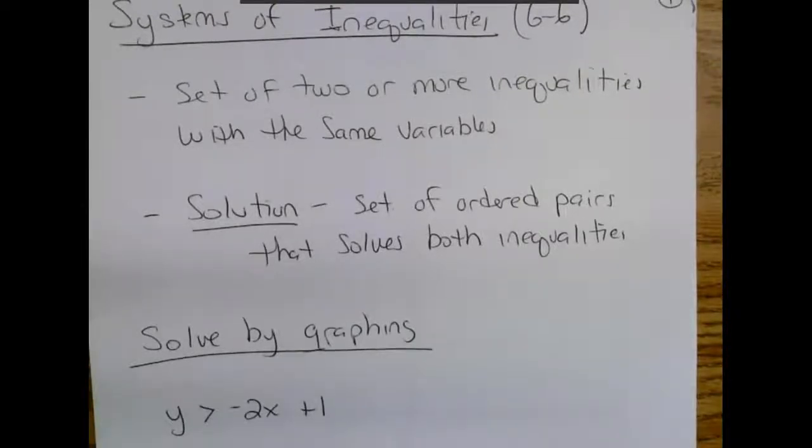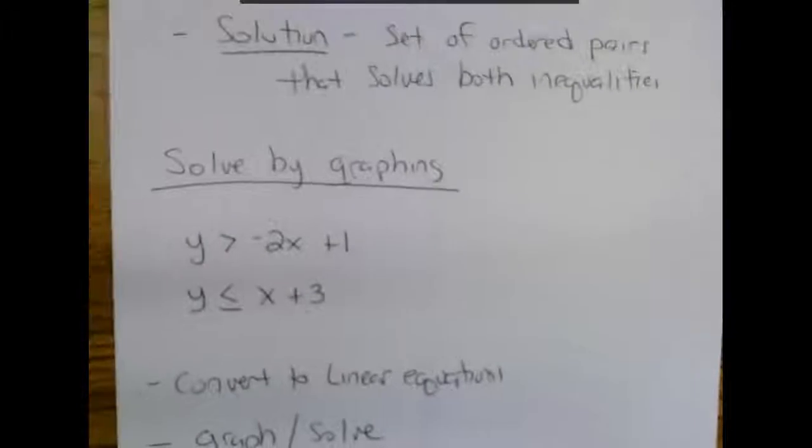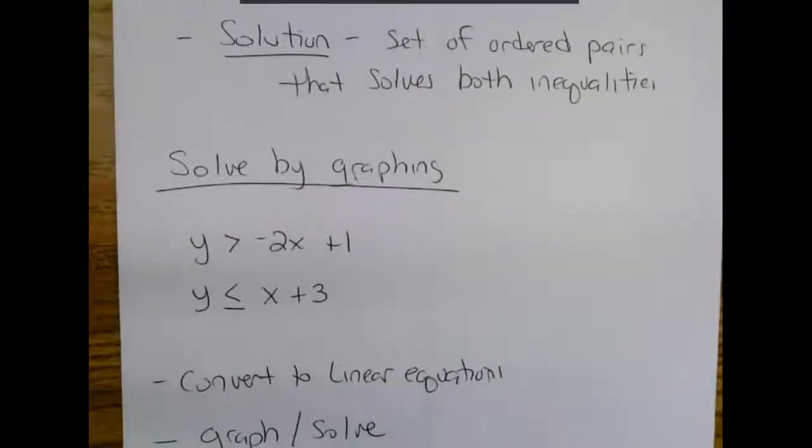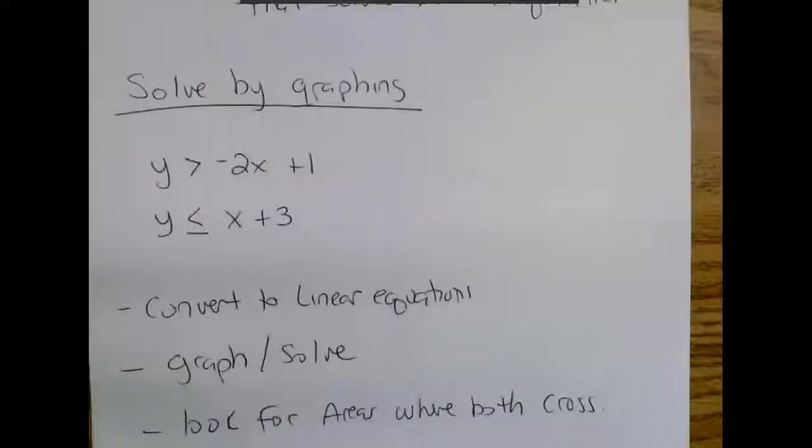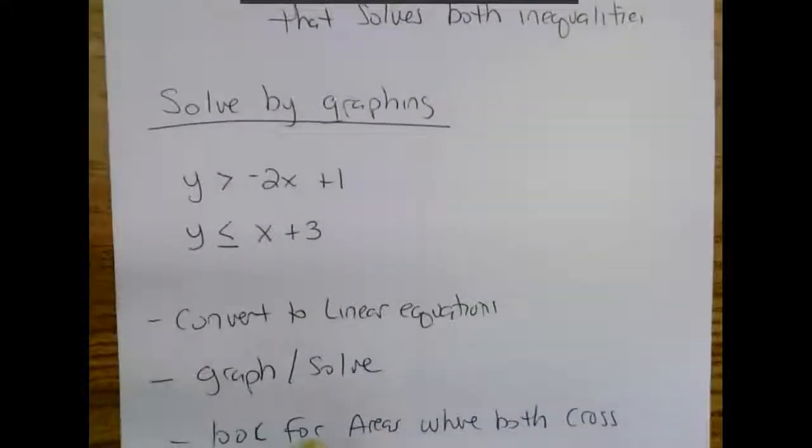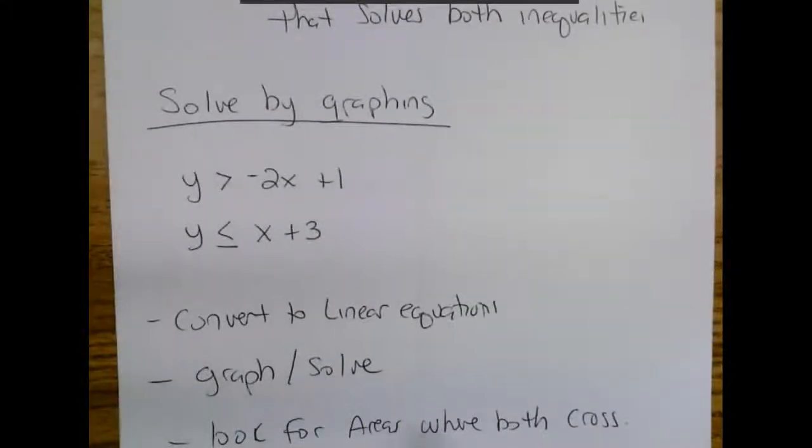The first way we would figure out the possible answers if we have two inequalities is we would convert to a linear equation, just like we did with the other one. Then we graph it, and then we look for areas where both cross.